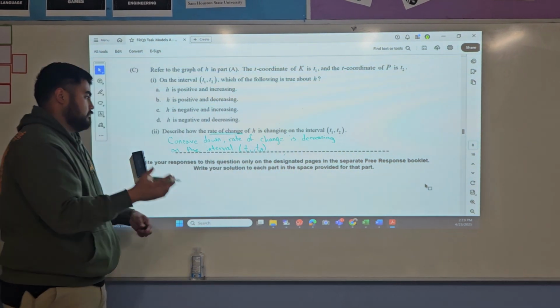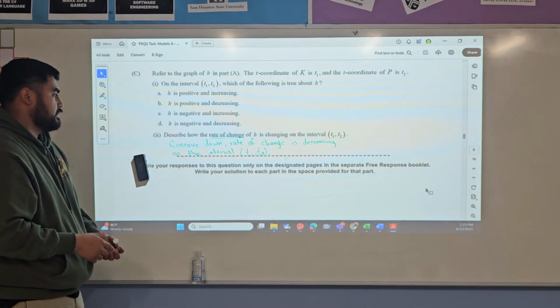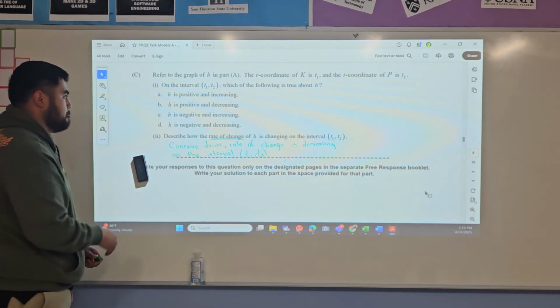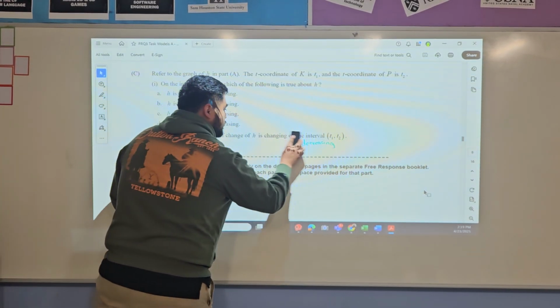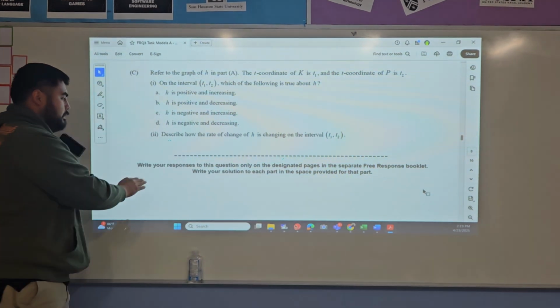That's all you have to do. Literally, just figure out, is it concave up or is it concave down, alright? So from point K to P, concave down. So now we go back.